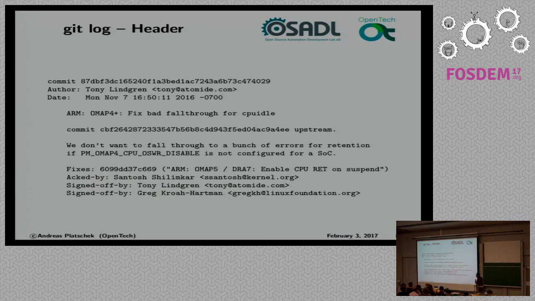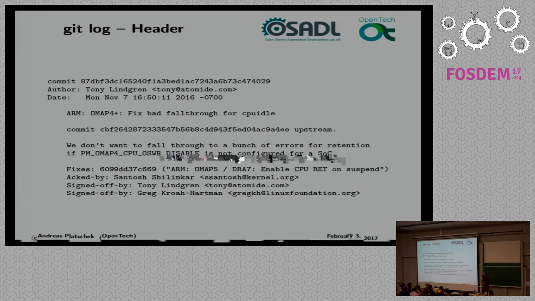Then the Acked-by, so someone probably reviewed on the mailing list and said, okay, I reviewed this, it is okay with me. Or it might also be some other subsystem maintainer whose subsystem is impacted by the patch and saying, okay, I'm okay with this. Also very interesting is now the first one of those four, the Fixes tag.